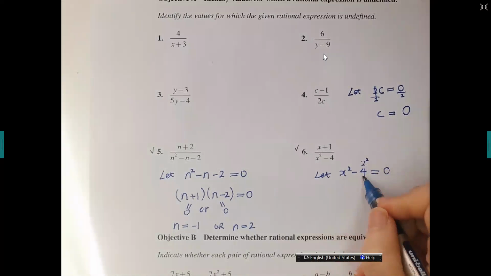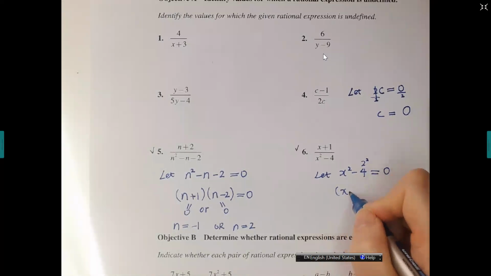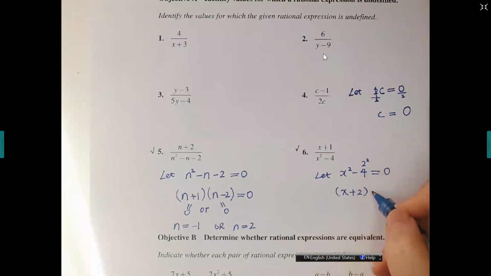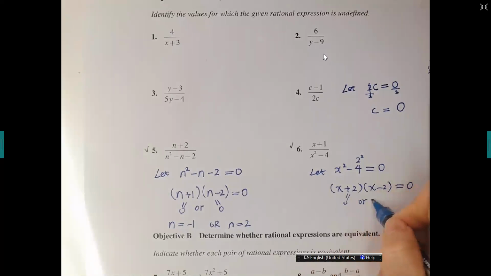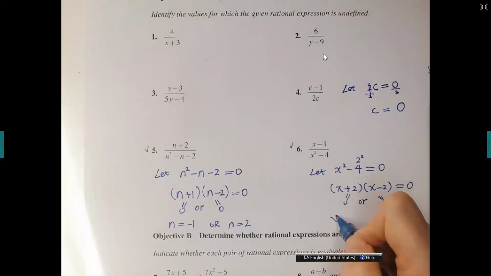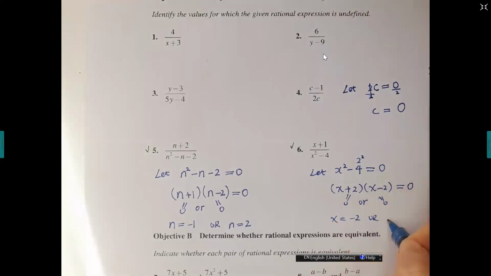So then we factor it. Squares minus squares, we get x plus 2, the sum of the two bases, times the difference of the two bases, equals 0. And then again, let each one be 0. I will get x equals -2 or x equals +2.